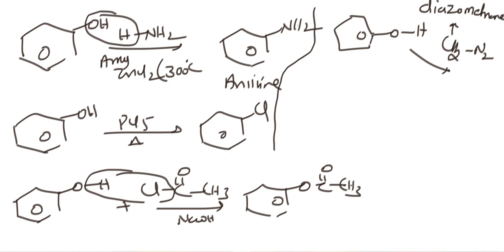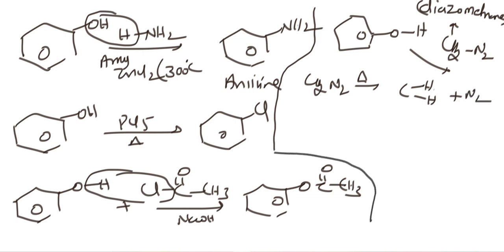So this is diazomethane, just diazo CH2N2, on heating you are getting CH2 and N2. As I told, this is carbene. The most important thing here is that you have to consider this as carbene. Carbene means what you have to put immediately? One lone pair, one empty box.